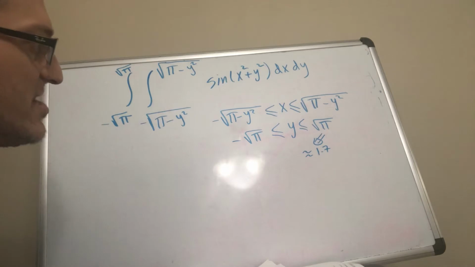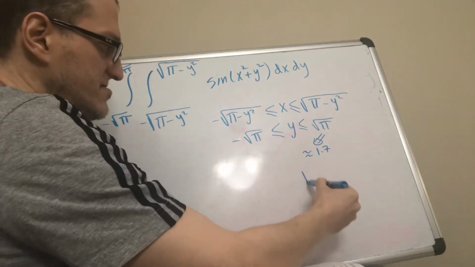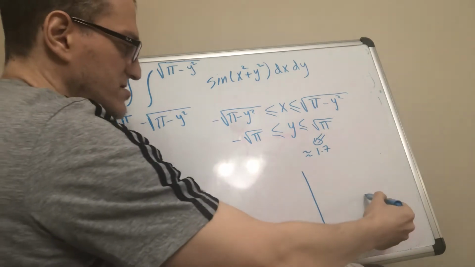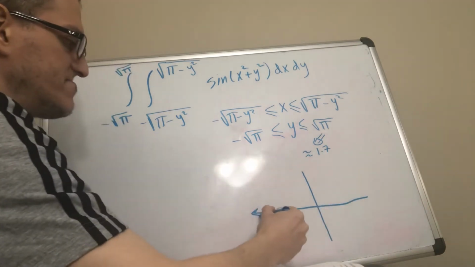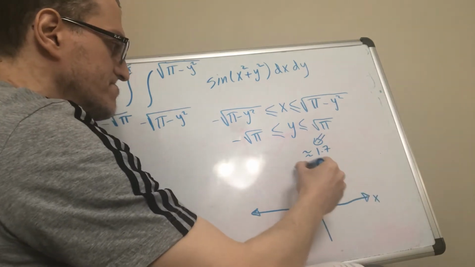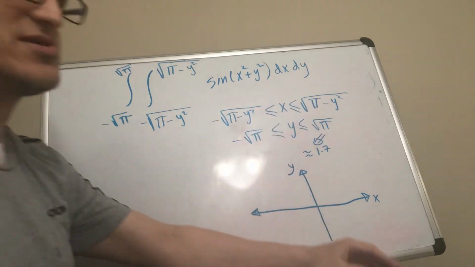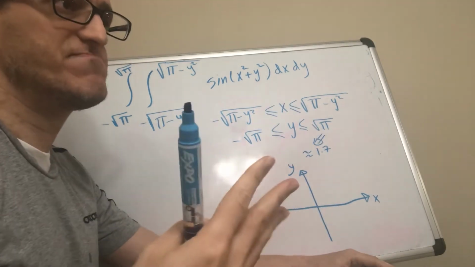Okay, now how does the graph look like? If I go into my x and y, in order to sketch something that's not a straight line, we prefer putting 3 points.